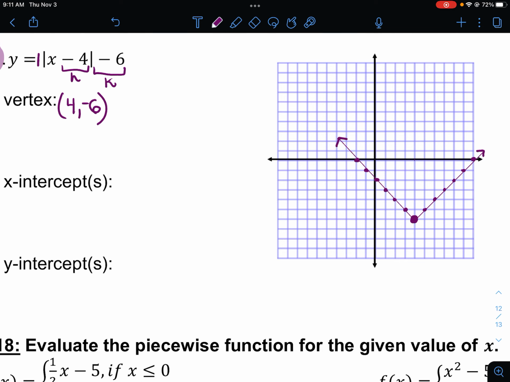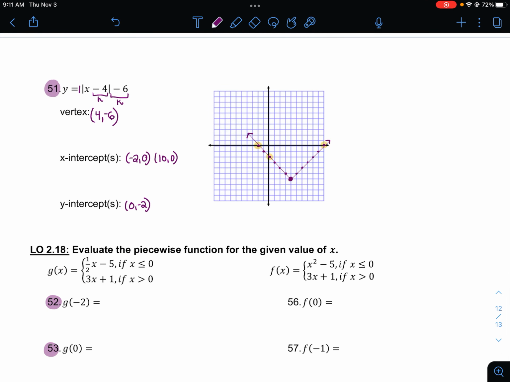Maybe not always on the linear ones, but on absolute value, you always will be able to see where it crosses. So my x-intercept looks like one of them is at negative 2, 0. And the other one looks to be at 10, 0. And then your y-intercept was at 0, negative 2. We just went down 2.